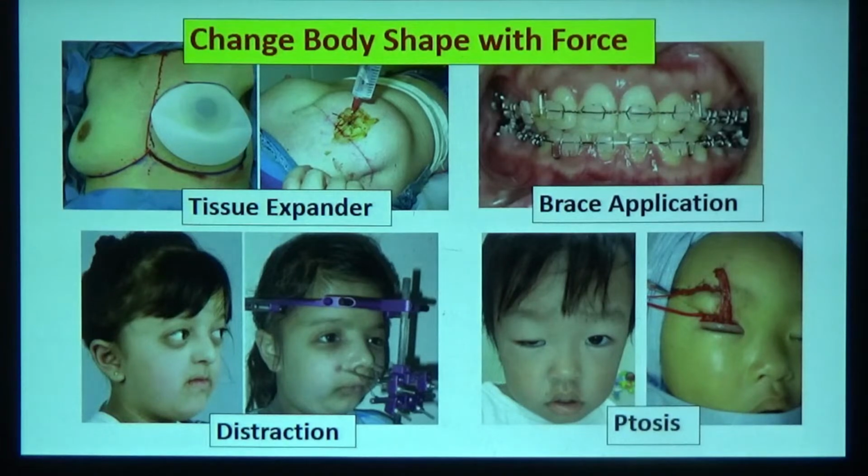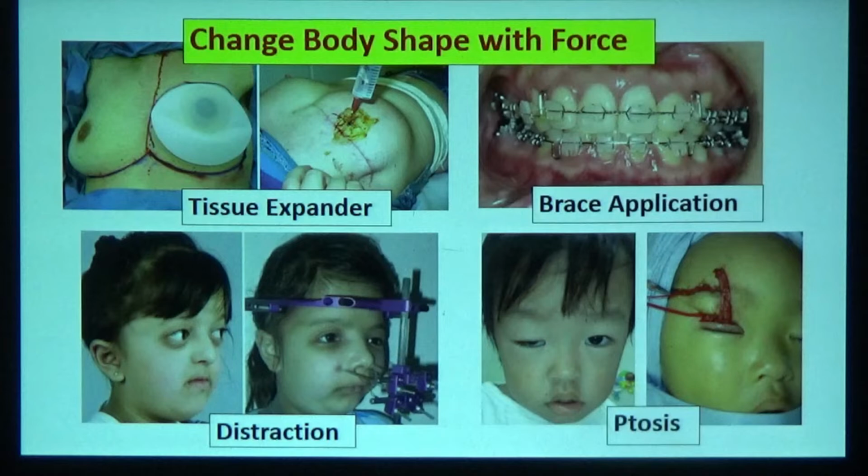Here is the answer. All of these 4 treatments intend to change the shape of the patient's body by applying force. With breast implants, we expand the skin by pushing it from inside. With braces, we correct the shape of the dental arch by using the plasticity of the braces.